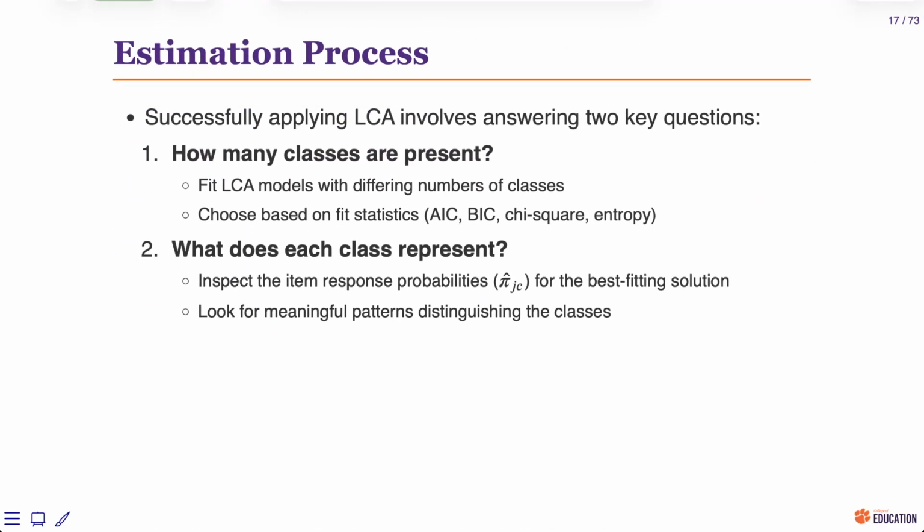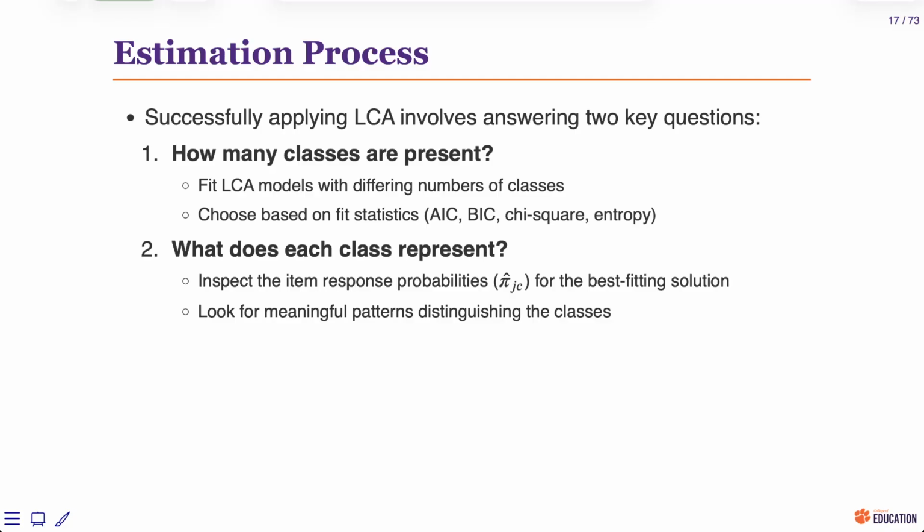So what we have to do in our estimation process is answer these two questions. First, how many classes are present in our data? So what we will do is fit a latent class model with different numbers of classes, 1, 2, 3, 4, 5, etc. And then based on relative fit indices, such as AIC and BIC, and absolute fit indices, such as chi-square and entropy, we will try to pick the solution that seems to fit the data best.